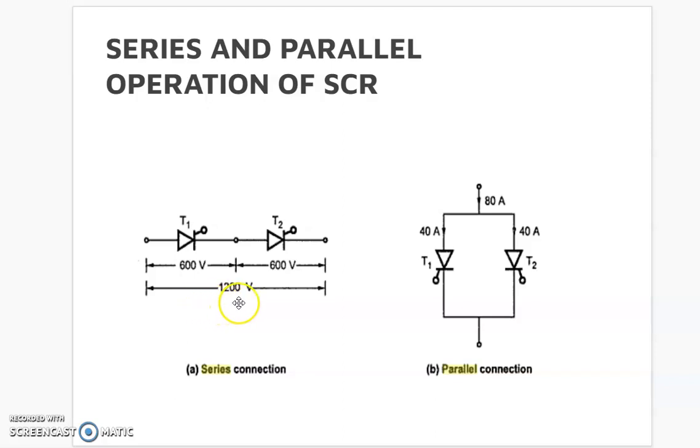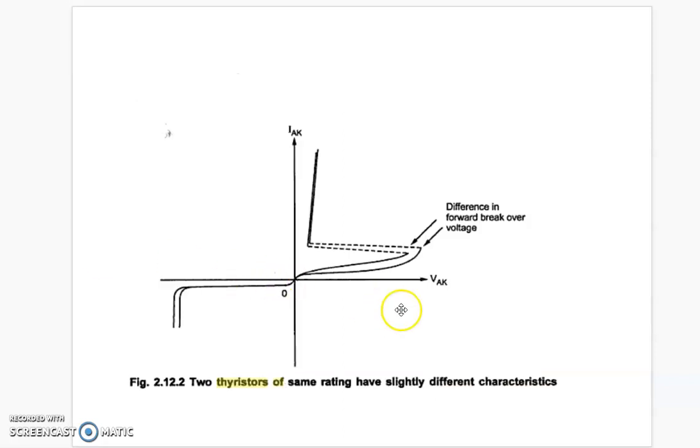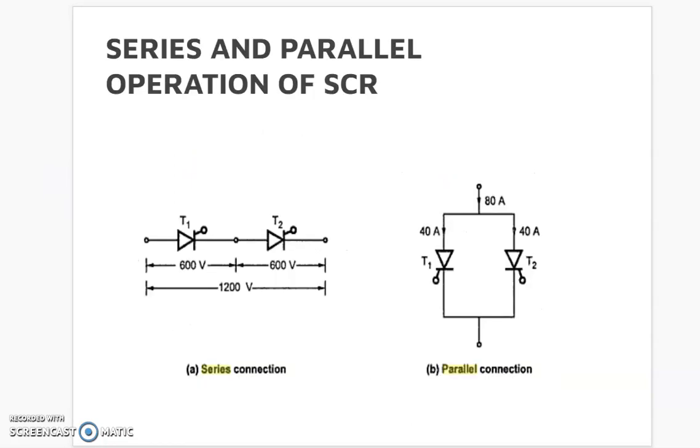If a gate pulse is given to both the SCRs, there is a drop of 600 volts here and a drop of 600 volts here. As we have seen, since the breakover voltage of the SCRs differs, one SCR will start to conduct before the next SCR starts to conduct.